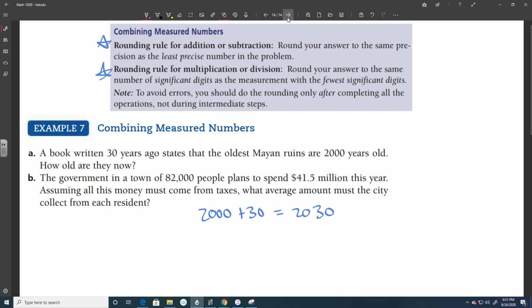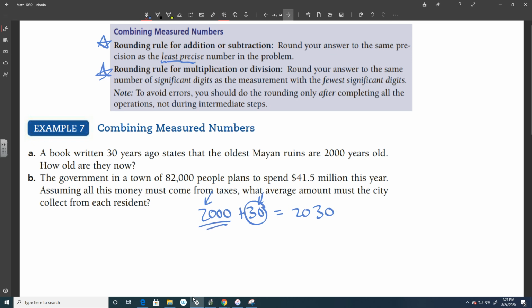So when I look at these two numbers, 30 and 2000, which one is the least precise? Well, the 30 gets rounded to the ones digit. The 2000 is getting rounded clear up here to the thousands. So this one is definitely more precise, but we want the one that is least precise, which is the big one.